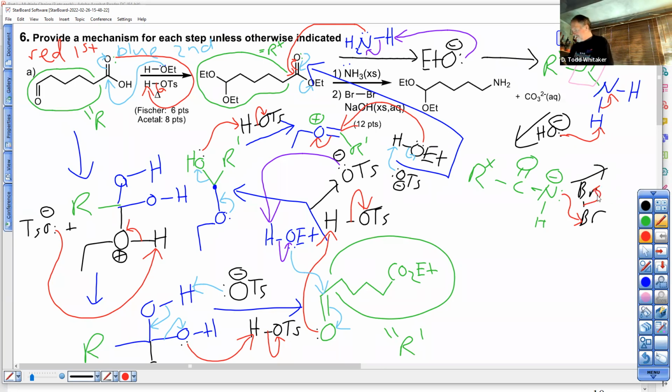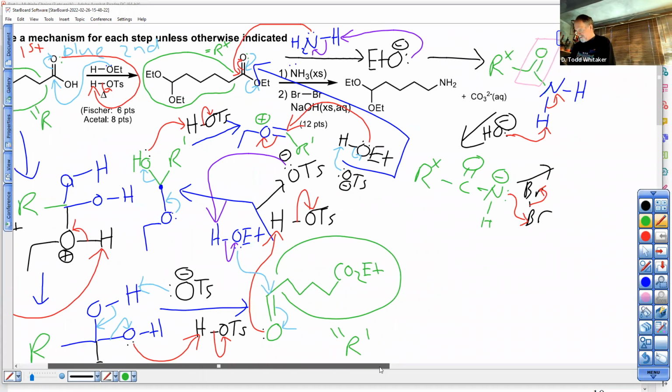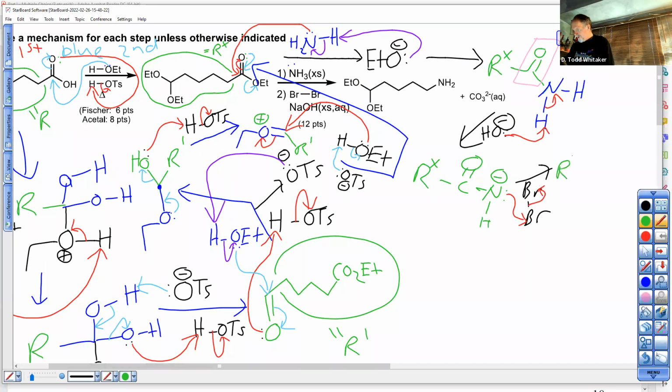And you get this N-bromo primary amide. And that's even more acidic than the original. So the hydroxide number 2 is doing this faster than the first hydroxide did that for its reaction.